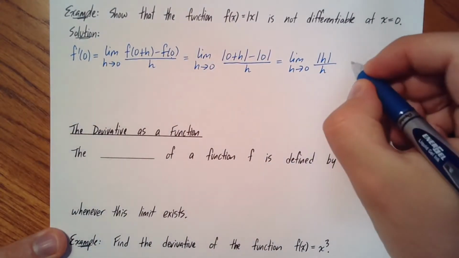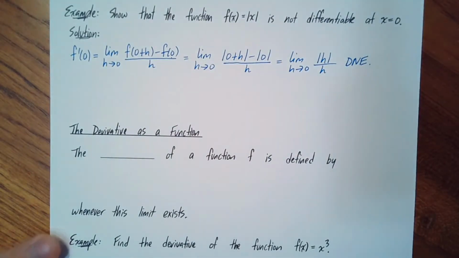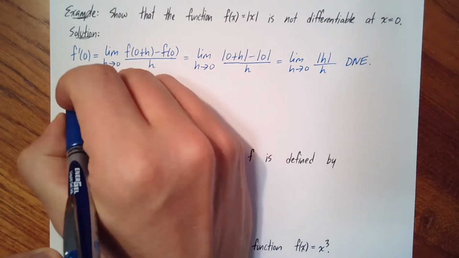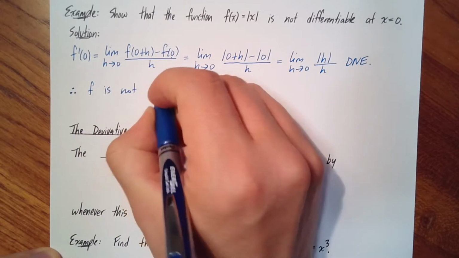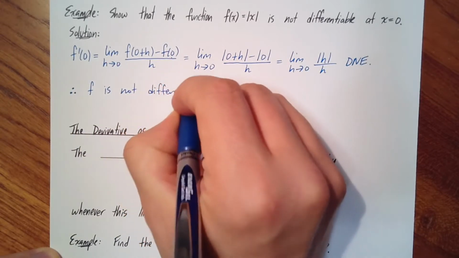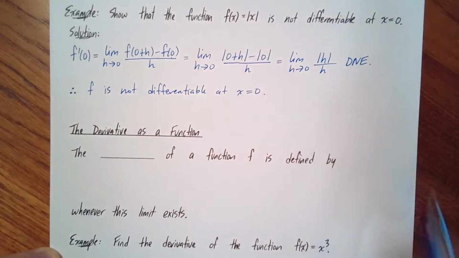So this limit doesn't exist either. Okay, so that means, therefore, f is not differentiable at x equals 0. That's our conclusion.